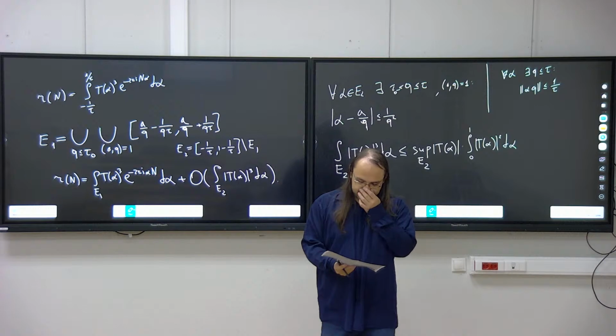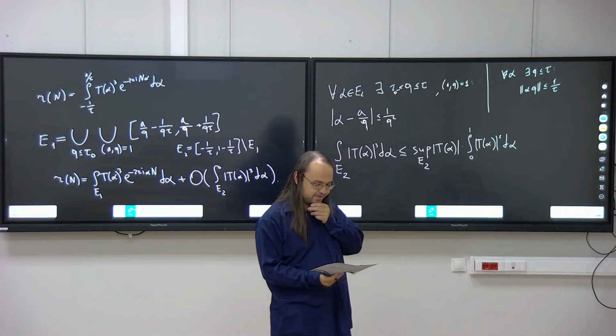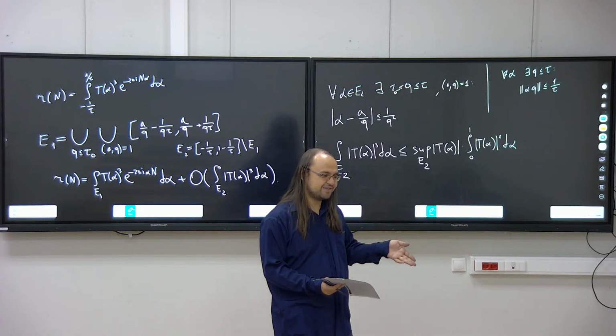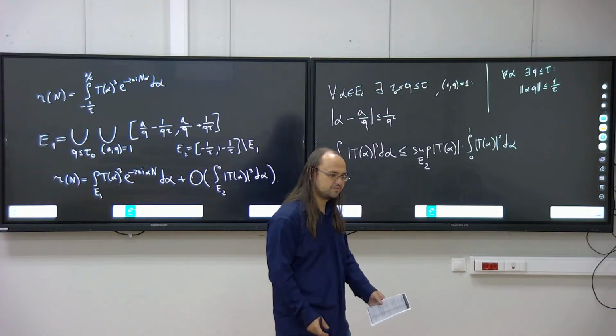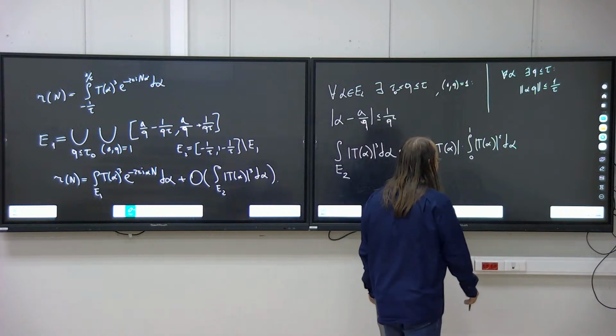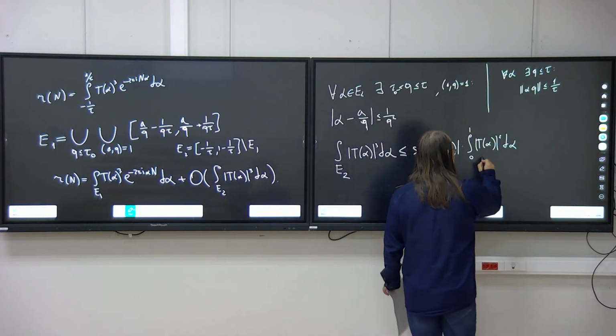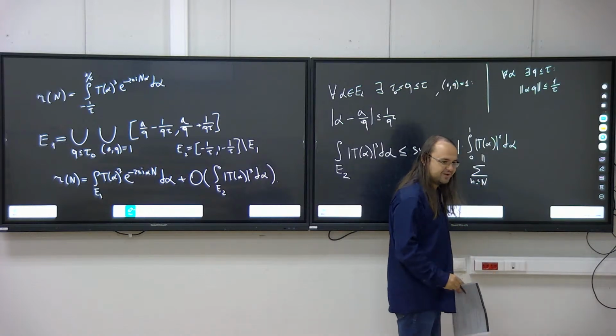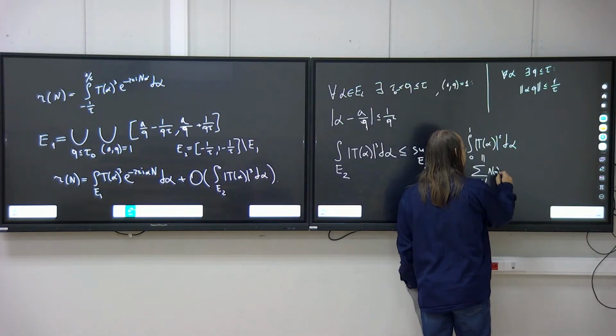Now, can someone please tell me how we can estimate the integral of t of alpha squared? I will not wait too much. This is the sum over all n less than or equal to N of lambda of n squared.